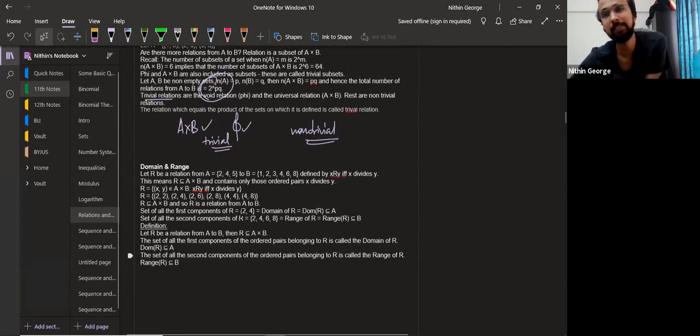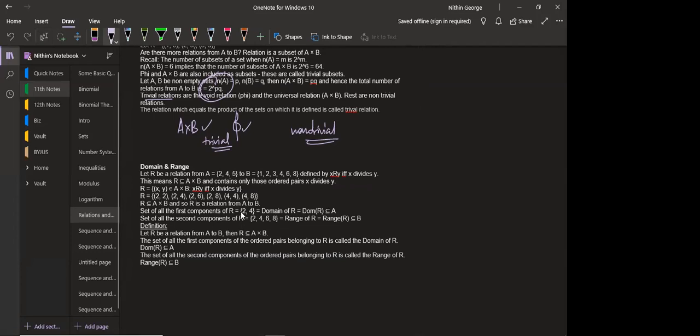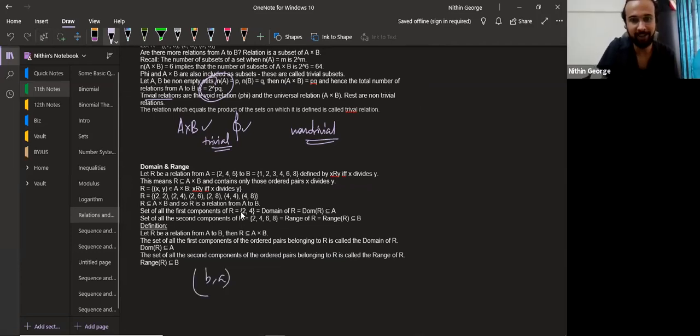Next comes inverse of a relation. What can inverse of a relation be? Come on, tell me. So it's B to A. Exactly. All right. So if I have a relation defined by (a, b), where a is an element of A and b is an element of B, so this is the relation. And this relation, what can you say?